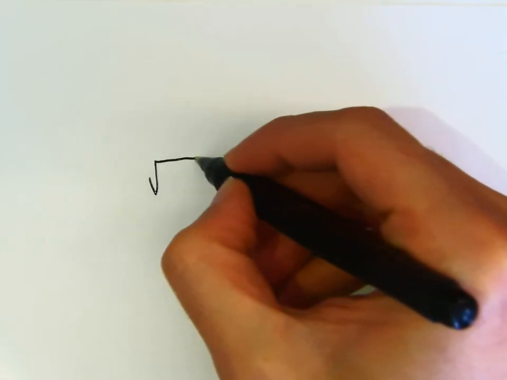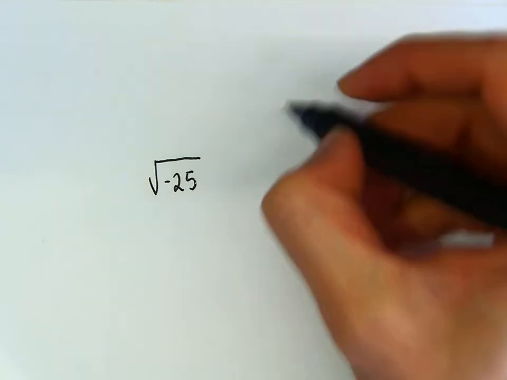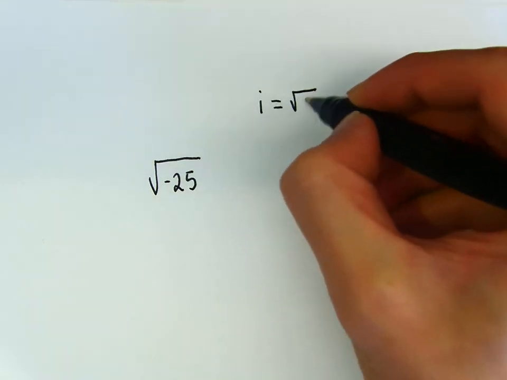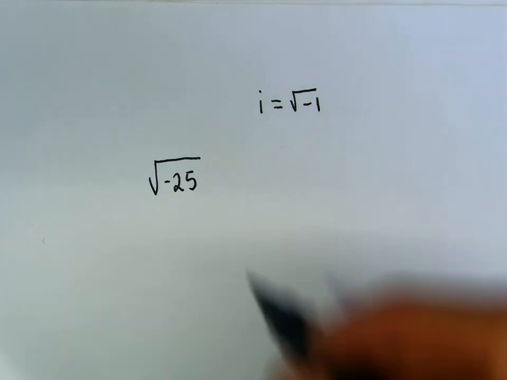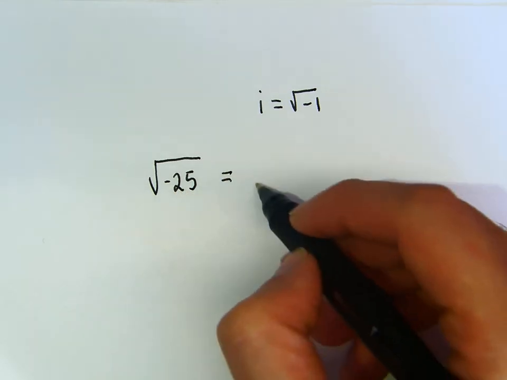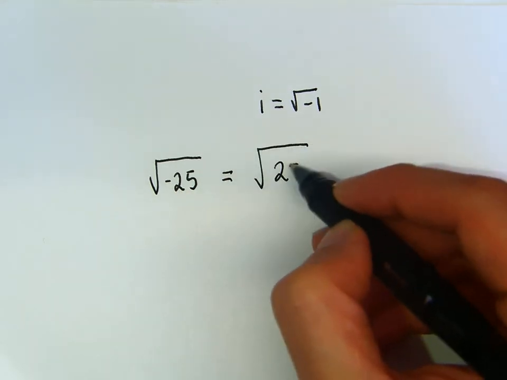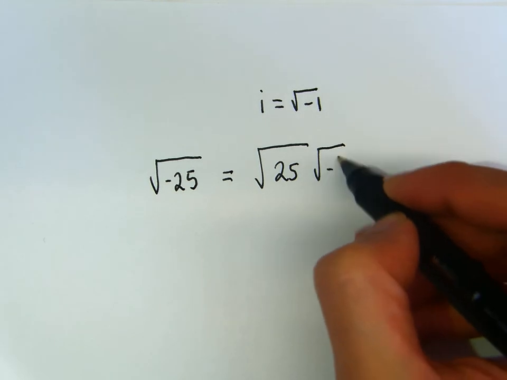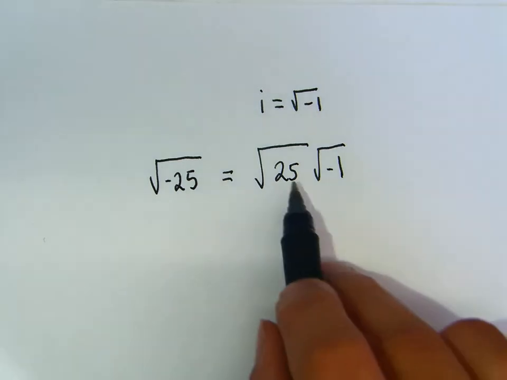So let me get a nice new piece of paper. Let's take a look at this. If I have the square root of -25 and I know that I is equal to the square root of -1, how else can I show the square root of -25? I could show that as the square root of 25 times the square root of -1. This is a true sentence.